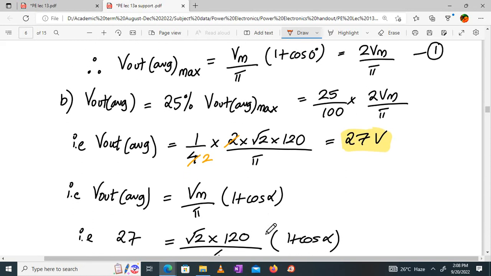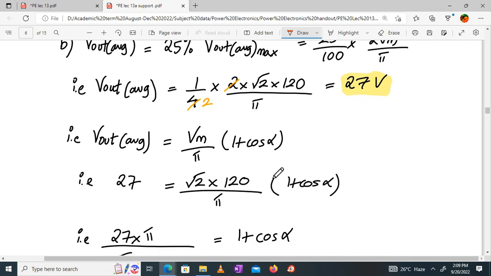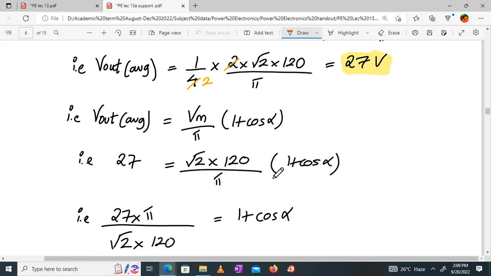Now what is the formula for V out average? Vm by pi 1 plus cos alpha. So from here what is unknown? V out average is known, Vm is known, alpha is unknown. So calculate alpha. Please calculate alpha and let me know the value of firing angle alpha.